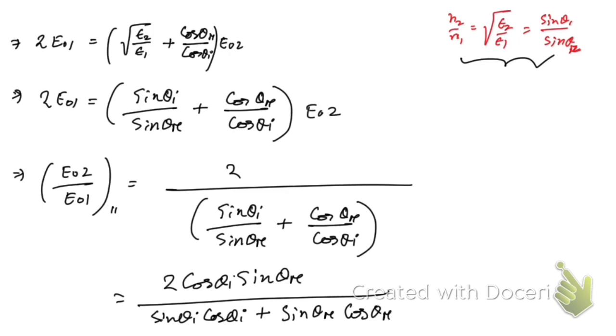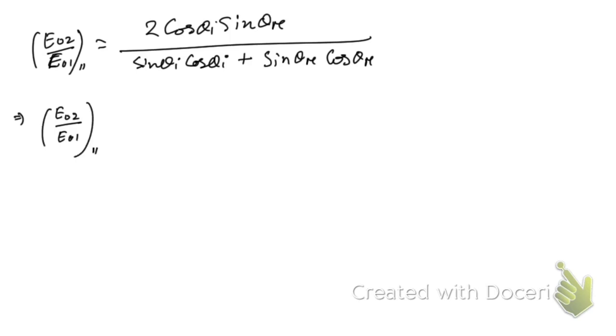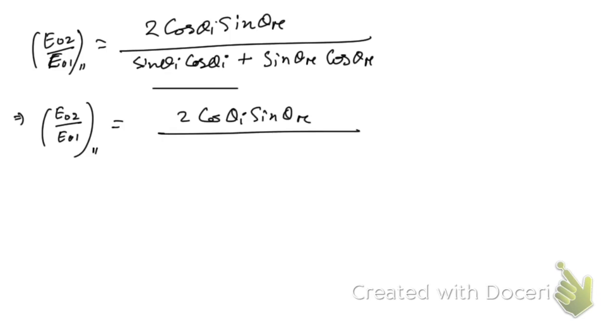So this implies, let me write this one in the next screen. Let me take a new slide. Okay, so here you see, that's what we have got. So this implies, here is the final result, 2 cos theta sin theta r.